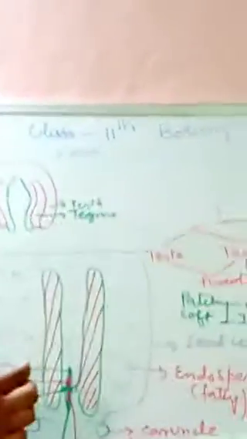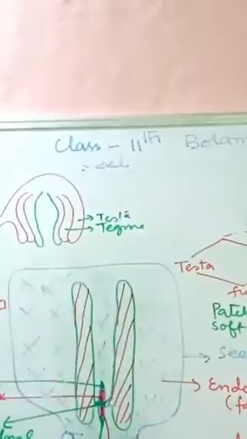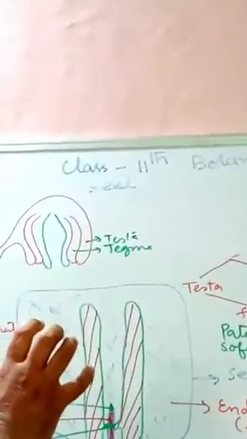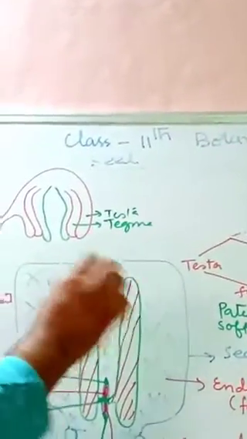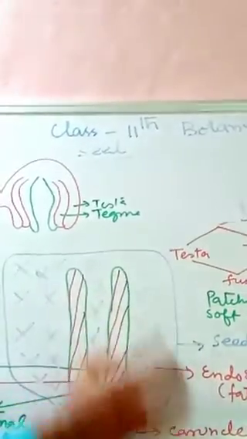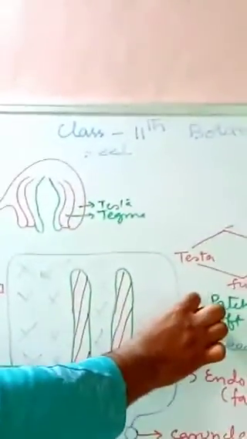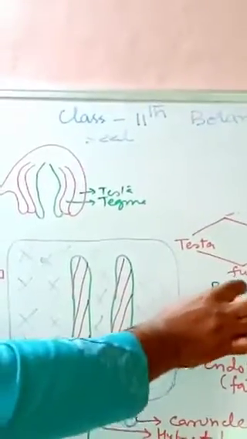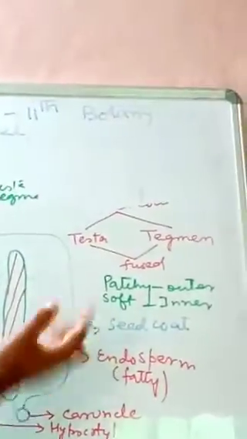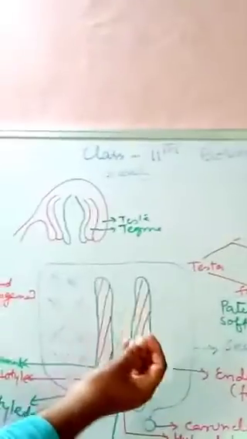So what we have studied is that in the endospermic dicot seed, the seed coat has two layers, the testa and the tegmen, but they are fused. How do we know they are fused? The outer part is somewhat patchy and designed, and the inner is the typical soft coat, and there is the embryonic node.